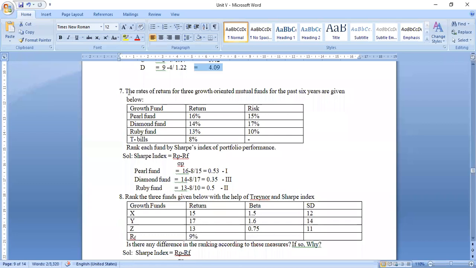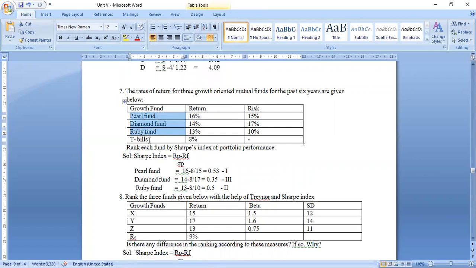So in the seventh question, the rates of return for 3 growth-oriented mutual funds for the past 6 years are given below. So we are having 3 different funds, that is Pearl Fund, Diamond Fund, and Ruby Fund.